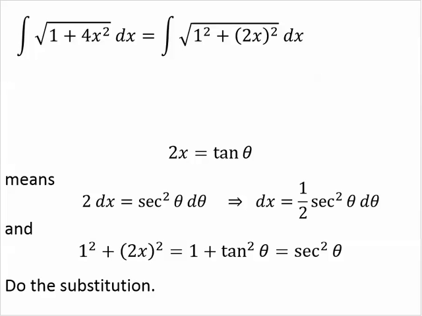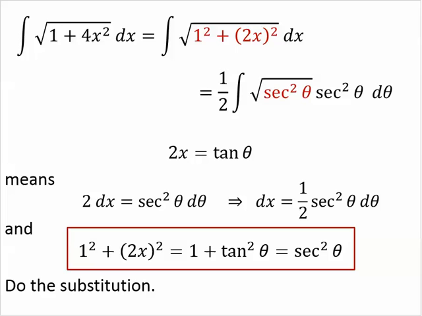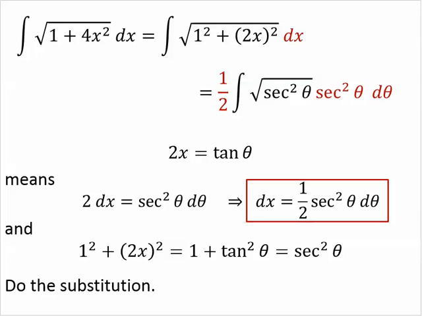All right, let's do the substitution. When you do the substitution, it's going to look like this. Instead of 1 squared plus 2x squared, I have secant squared. And instead of dx, I have half of secant squared d theta.